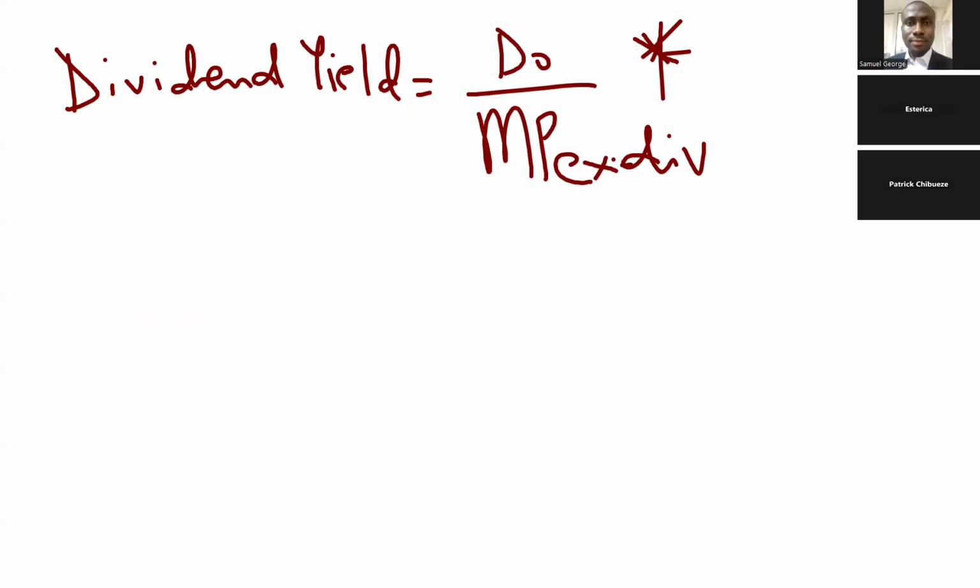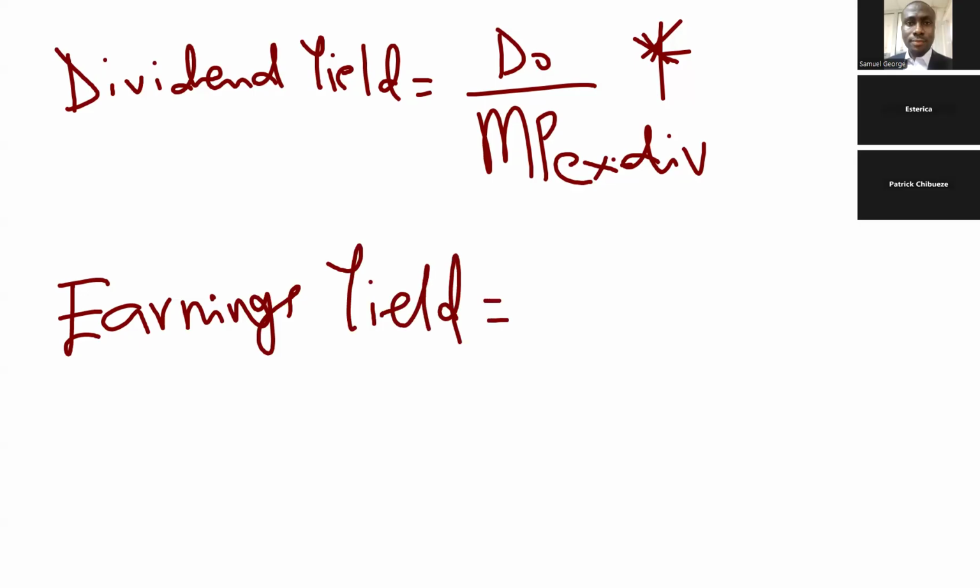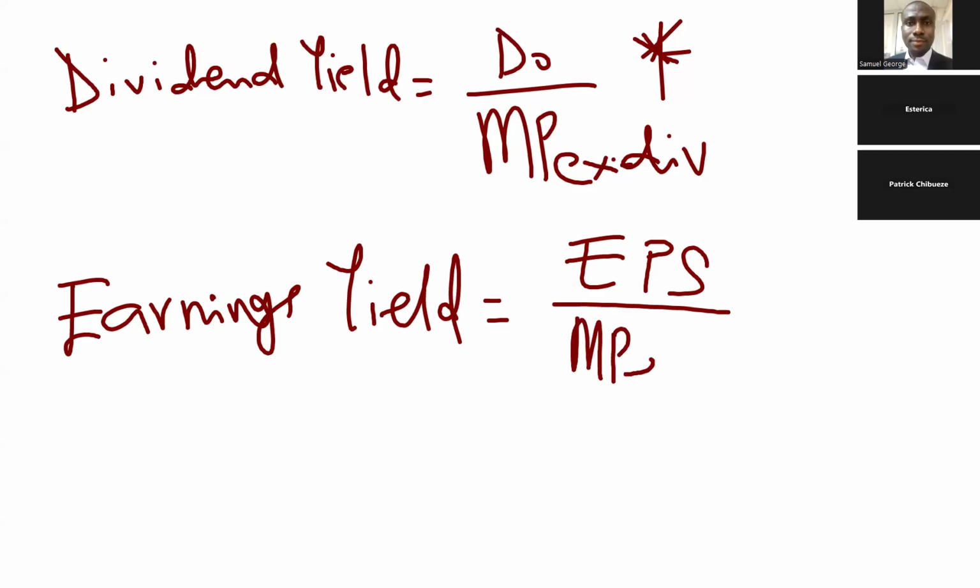There's another one called earnings yield, which is EPS, or EPS of year zero, or earnings. This D0 is also DPS, so it can also be dividend per share divided by market price ex-div.